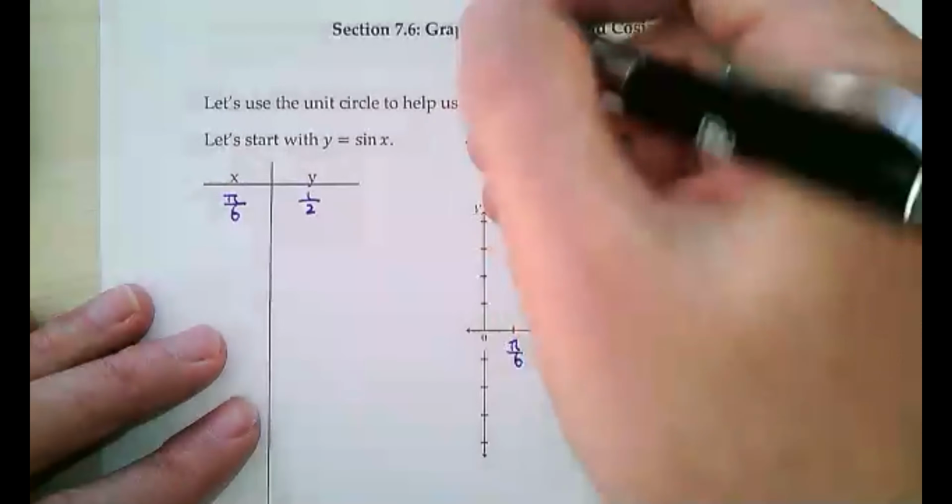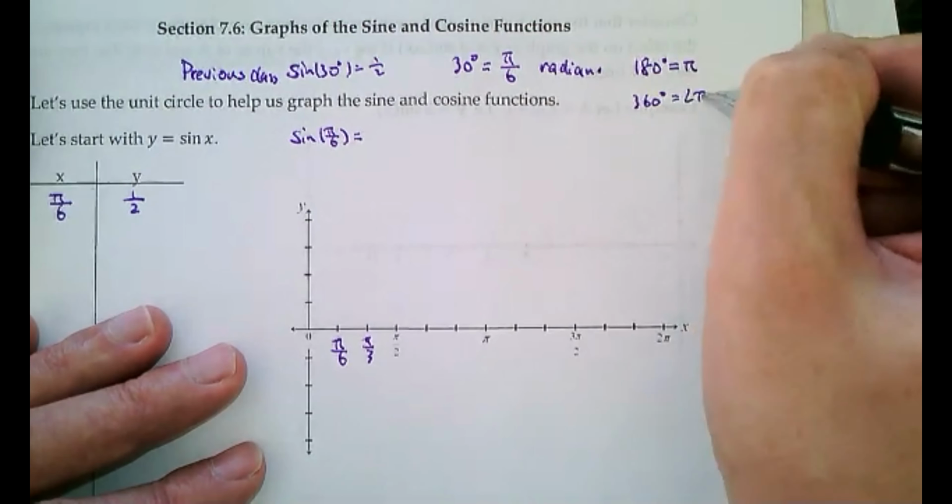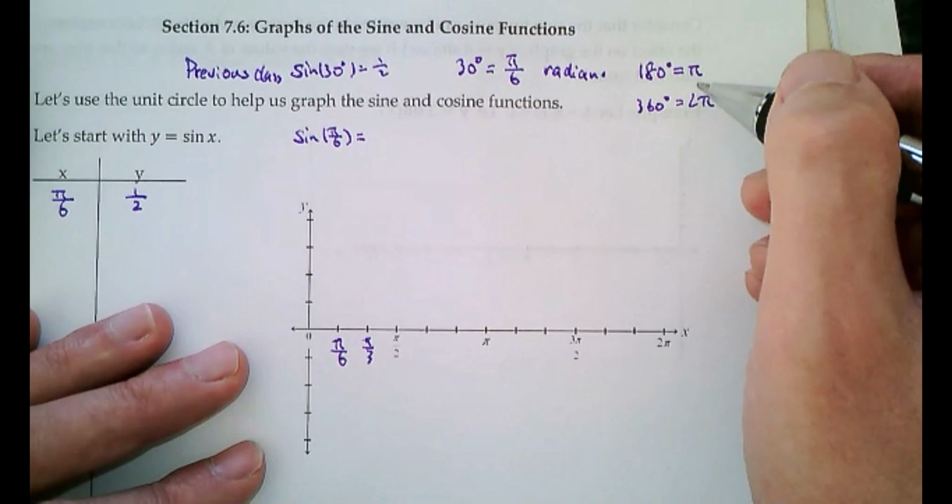The half unit circle, 180 degrees, is pi. 360 degrees, the whole unit circle, is 2 pi, right? Do you guys remember this? Yes, from the unit circle. Cool.